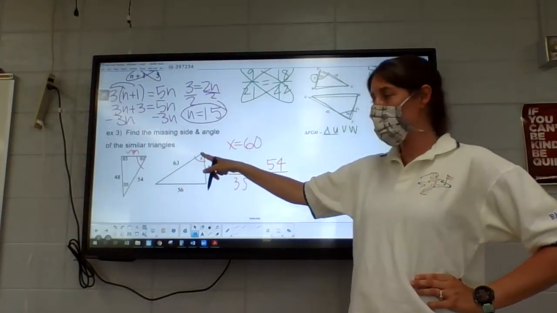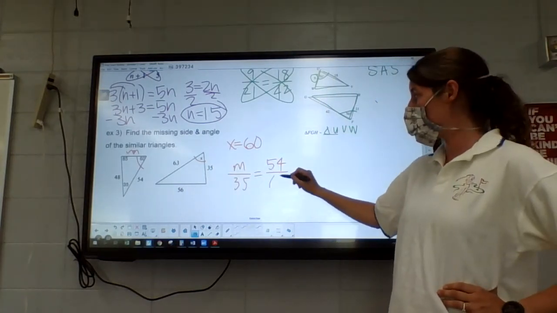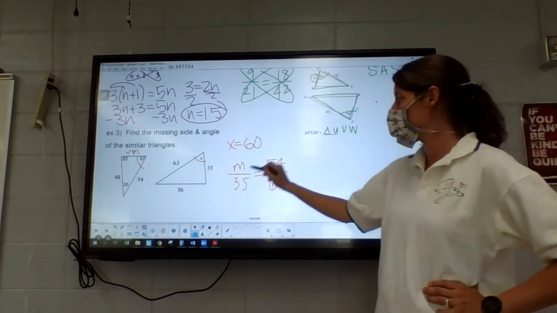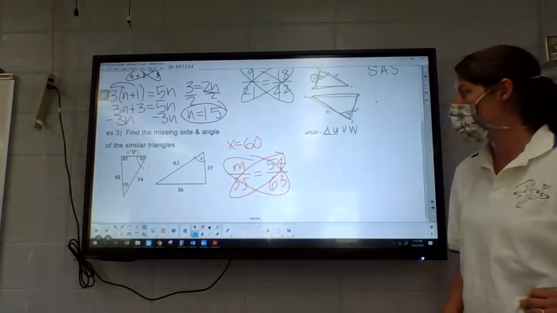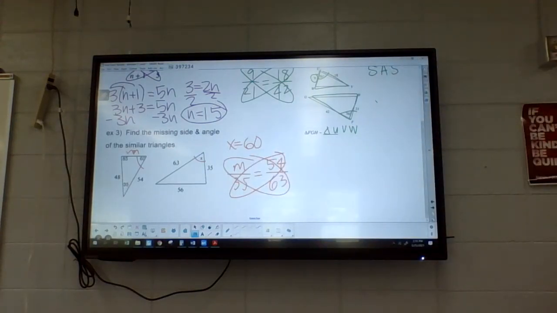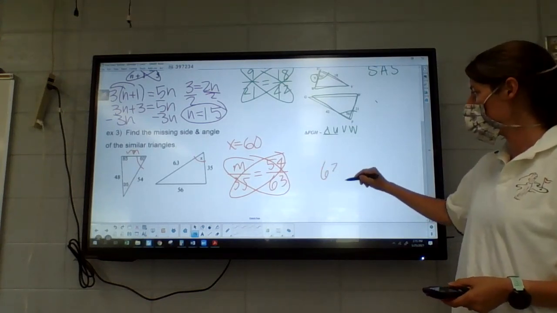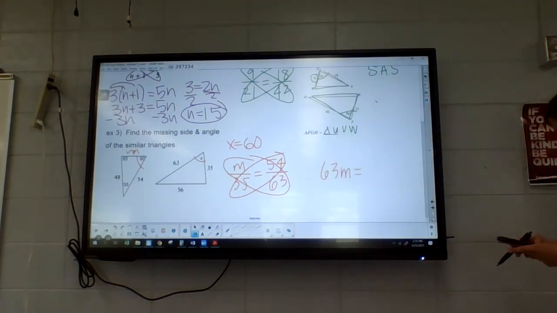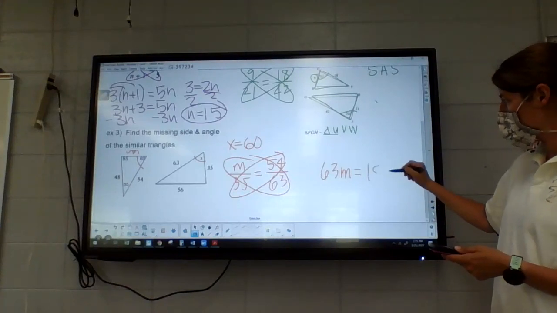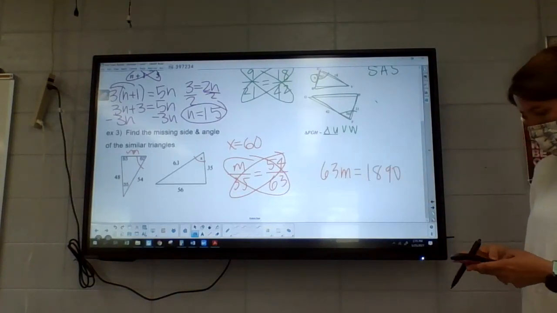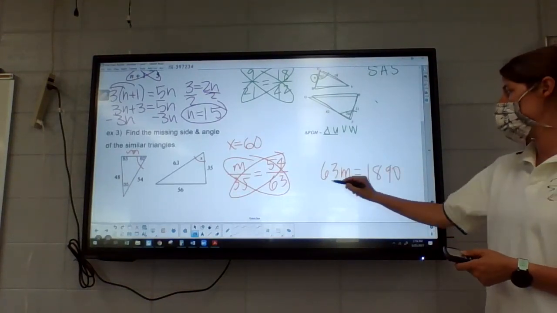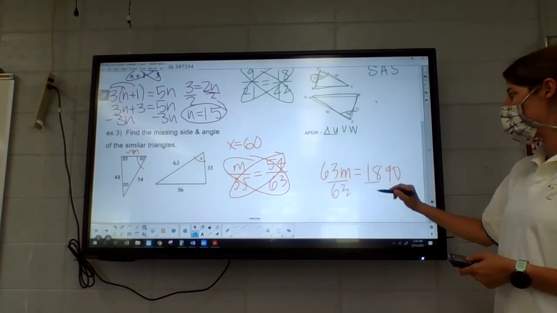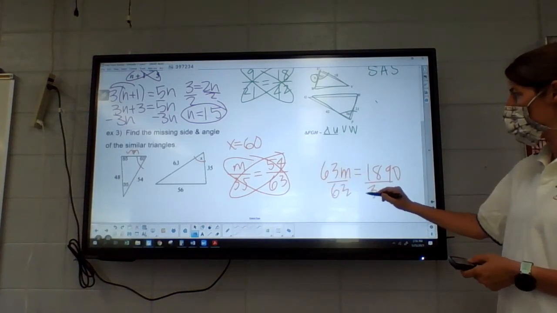It has to go with 63 because that's the longest side, and 54 is the longest side. I heard some of you pick 48, nicer little numbers, but either one will work. And then we divide by 63 to find out M is going to be 30.